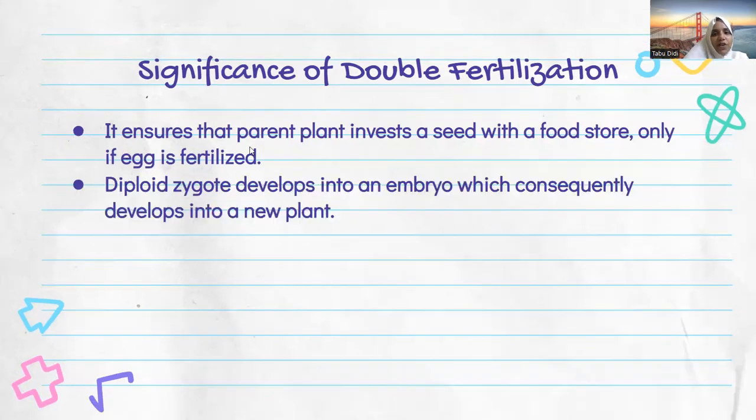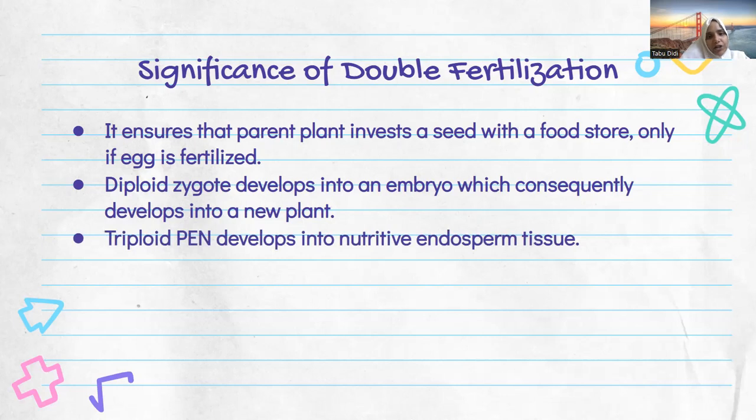After the egg is fertilized, the endosperm will develop into a food storage for the egg. The diploid zygote will develop into an embryo, which will further develop into a new plant.